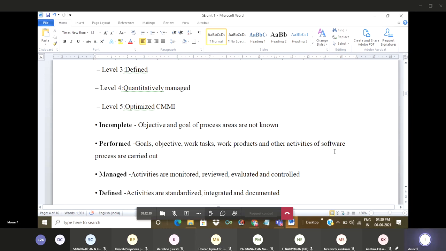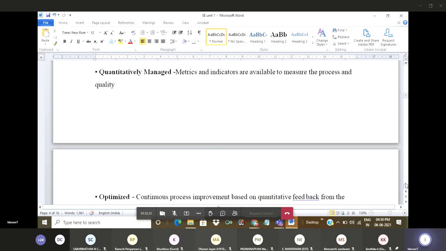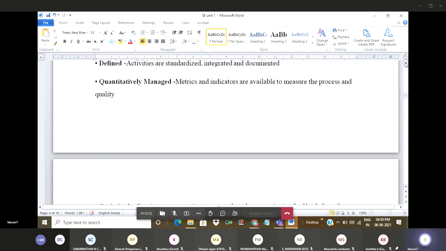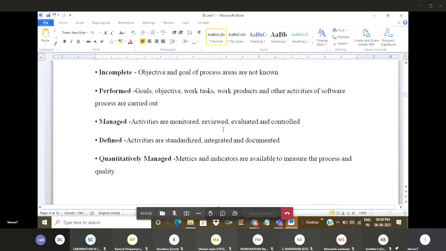The next level is managed. Here, we can monitor all the activities of the project or product. It can be reviewed if there is any error, we can sort out the error, and we can evaluate whether it is right or wrong. It can be controlled by the admin. So in the managed level, activities are monitored, reviewed, evaluated, and controlled.